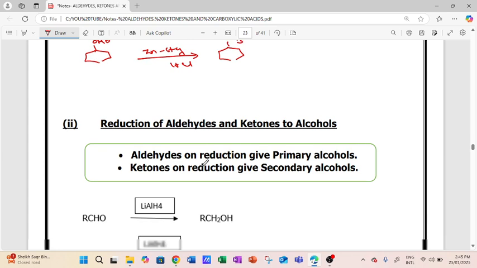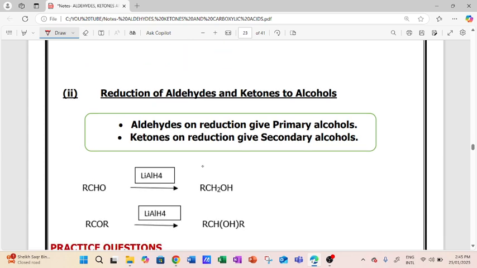Now the second reduction, of aldehydes and ketones to alcohols. In this, aldehyde always gives primary alcohol and ketones always give secondary alcohol. Here the products are different but the reducing agent is the same. In both cases we can use lithium aluminum hydride. Primary alcohol is RCH2OH and secondary alcohol is RCHOHR.